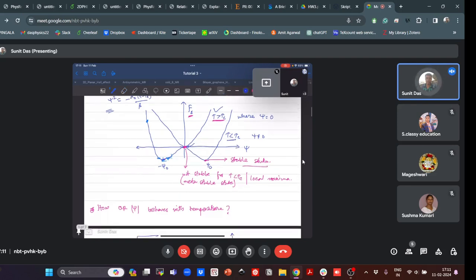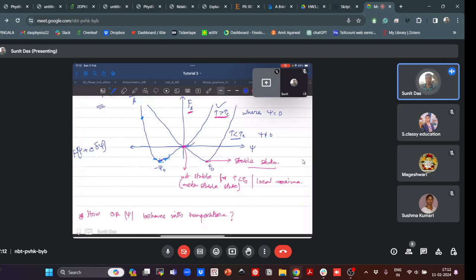So let's say I have f of psi plus some coefficient, let's say c, some constant, times delta psi around this equilibrium point. Now when I precisely get f of psi 0, f of psi 0 is the minimum energy, right?